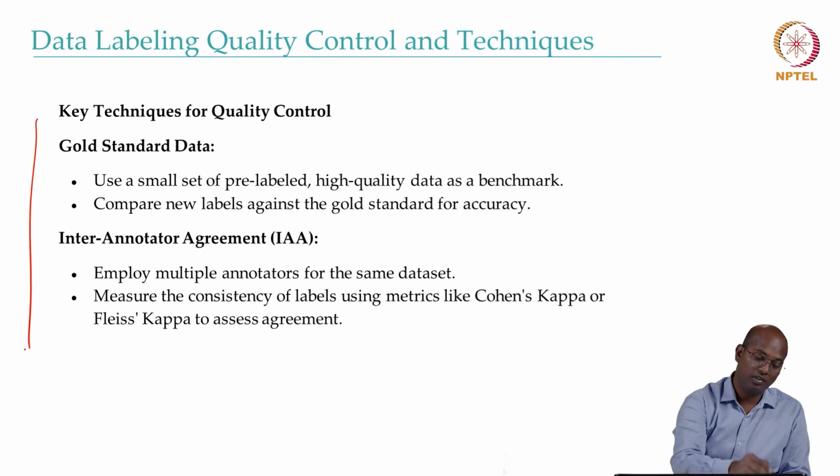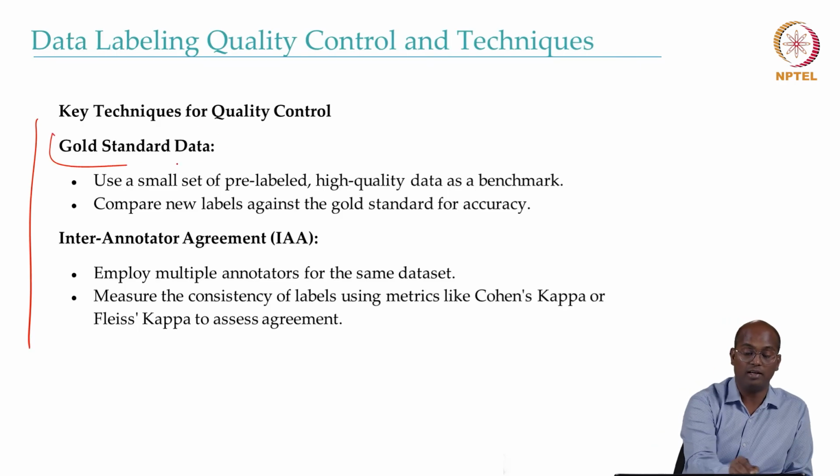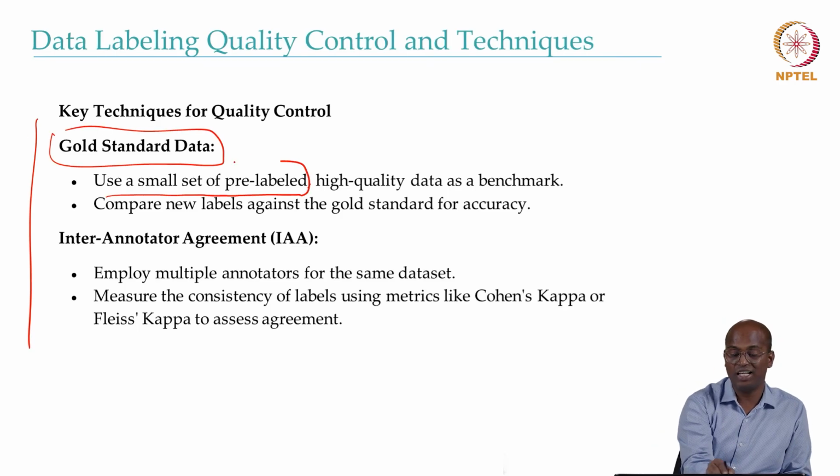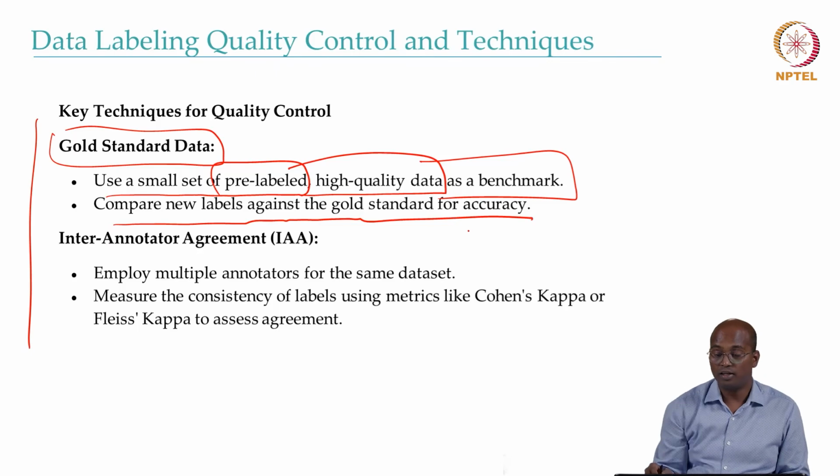Some techniques ensure that the data is of good quality, and you can discard data which is of inferior quality. One is a gold standard. You can use a small set of pre-labeled, high-quality data as a benchmark, and compare new labeled data against the gold standard for accuracy.